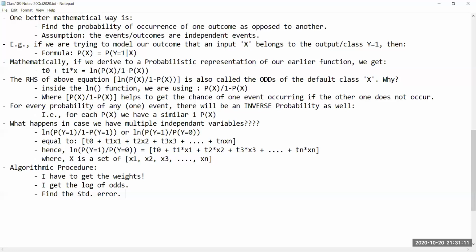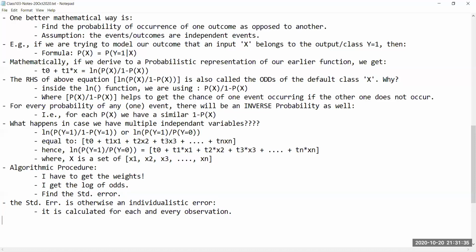The standard error that I'm talking about, the STDERR, is an individualistic error, in the sense that it is calculated for each and every observation, but it is not summed up for the entire model, like we did in case of linear regression. We found the sum of squared error, or the total error. We're not going to sum it up over here.